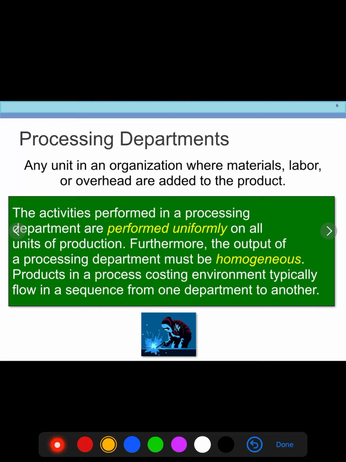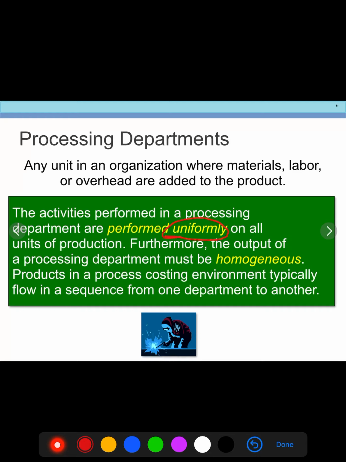So based on this slide, the process is performed uniformly, which means that whatever is applied on a product will be the same process that will be applied on the other products.